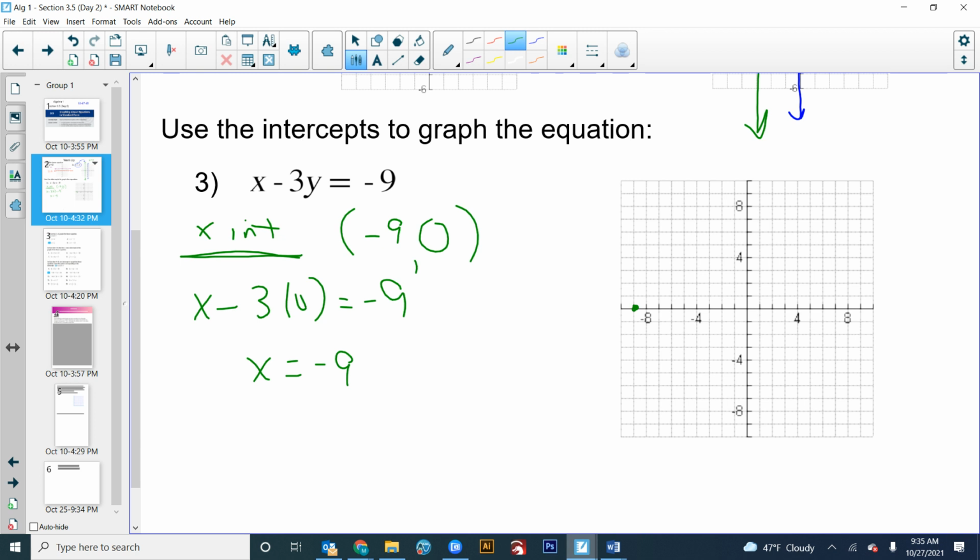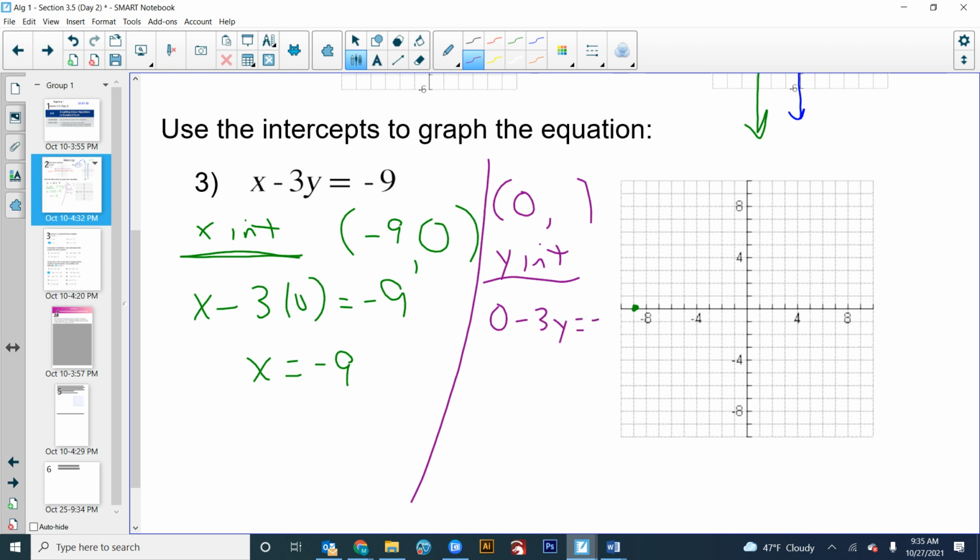Okay. Who can help me with the y-intercept? Who can help me with that? Yes, sir. What am I putting 0 in for? X. Okay, so what am I going to write? Put parentheses around 0, and then minus 3y equals -9. Just curious, why do you want to put parentheses around 0?